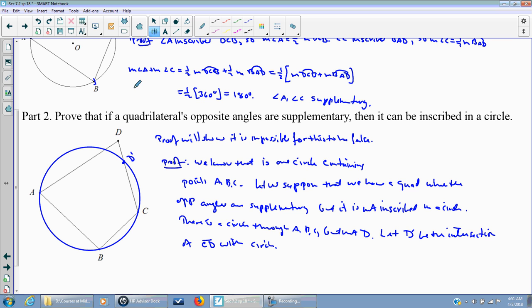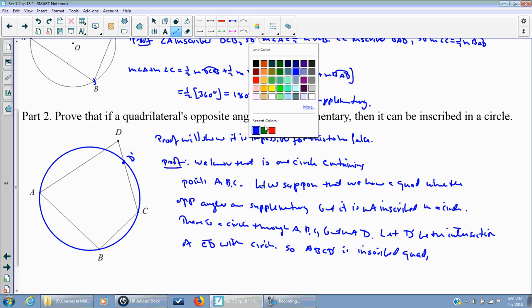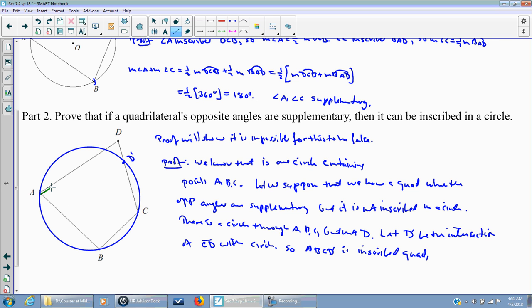And we notice that A, B, C, D prime is an inscribed quadrilateral. Let me draw that other section in there, and I'm going to need a different color. This guy is an inscribed quadrilateral, A, B, C, D prime.